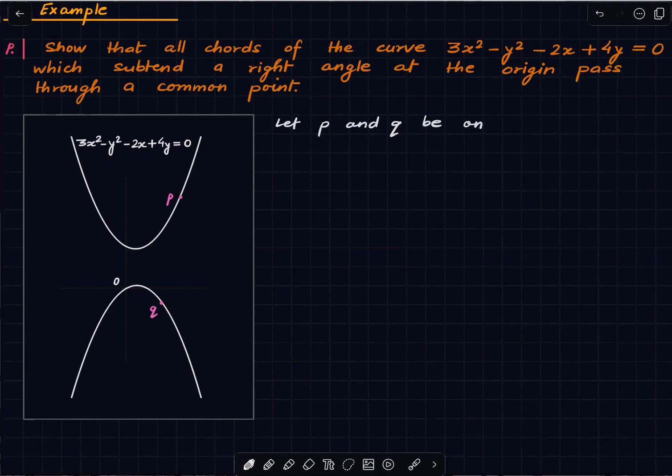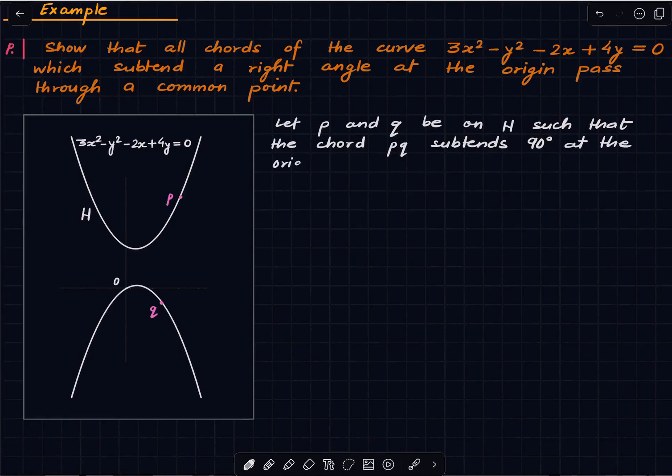And let's call this curve capital H. So be on H such that the chord PQ subtends 90 degrees at the origin. Okay. And let's say this line that passes through P and Q has equation y equals mx plus c.